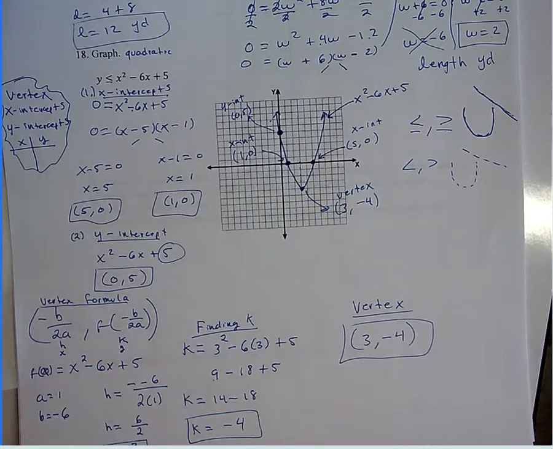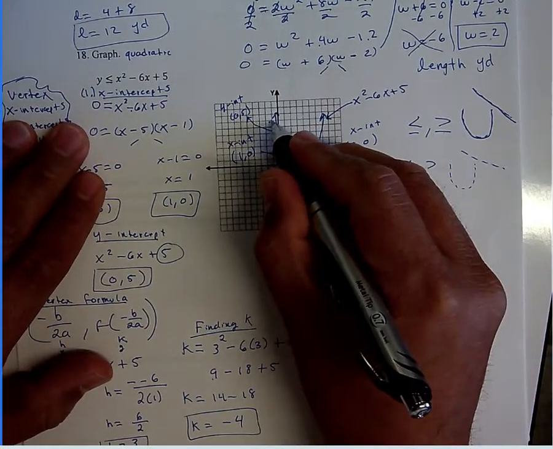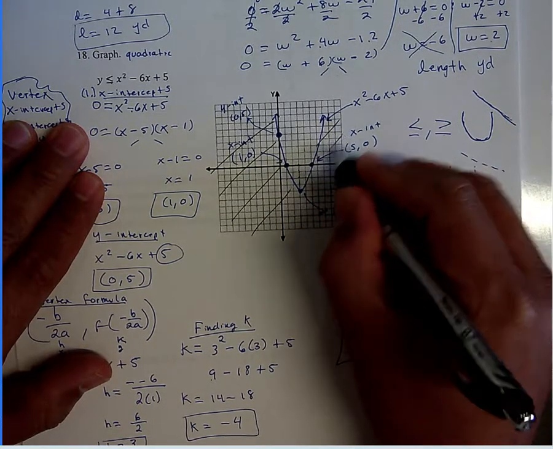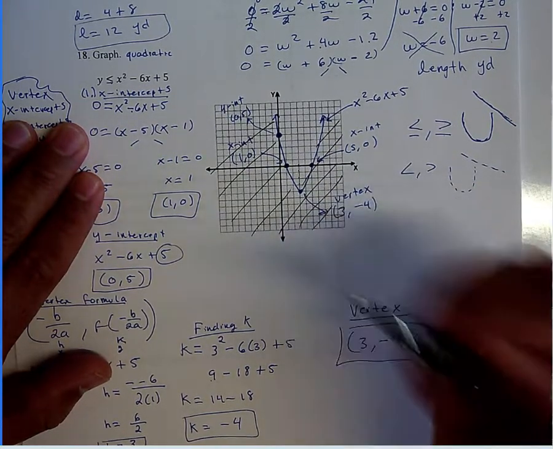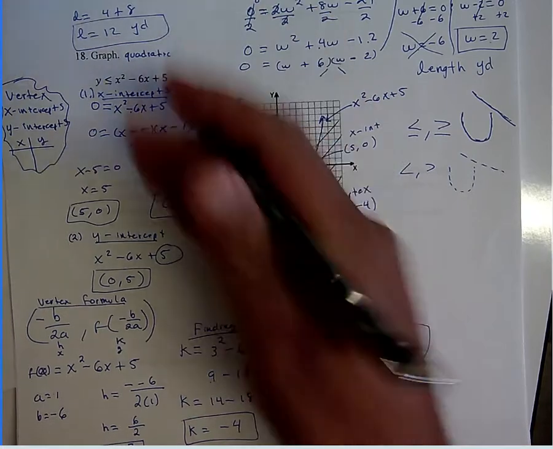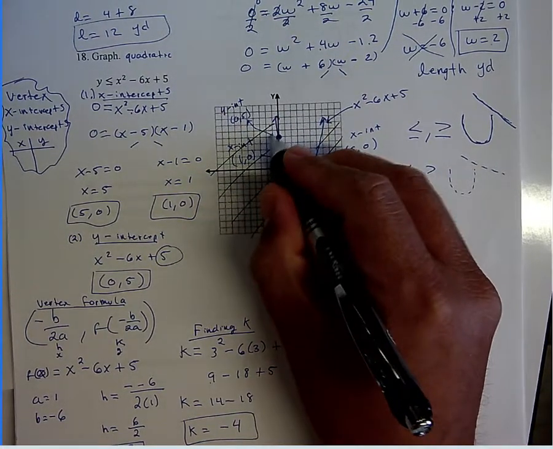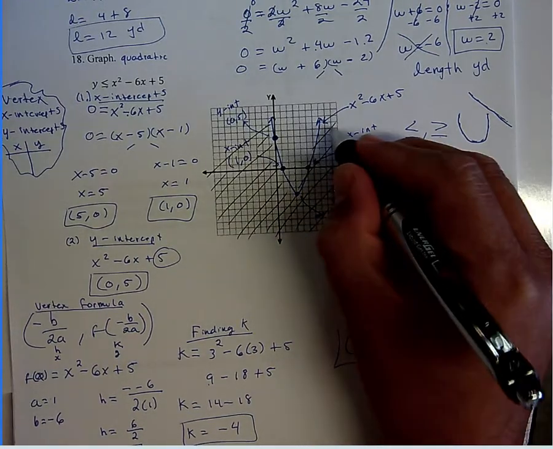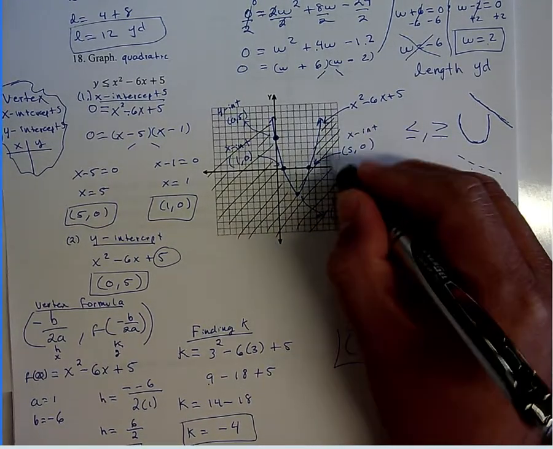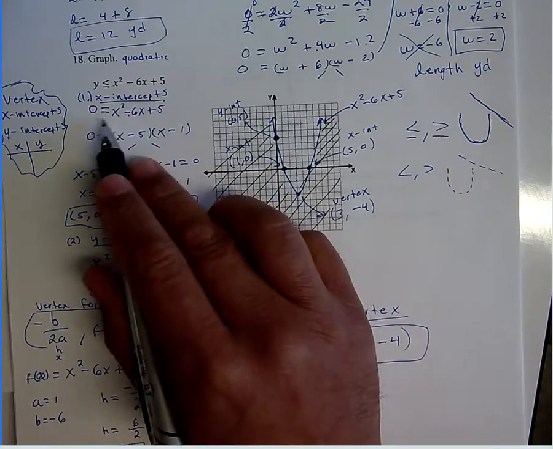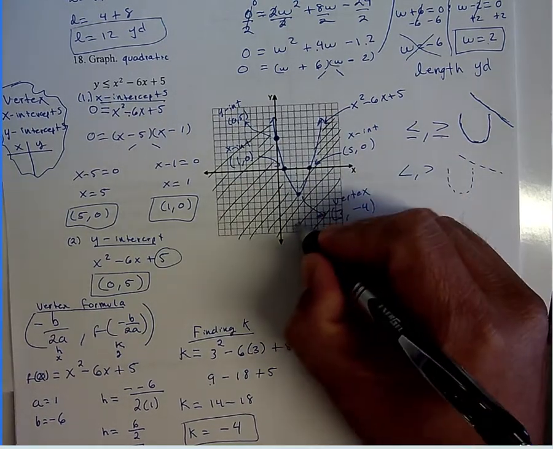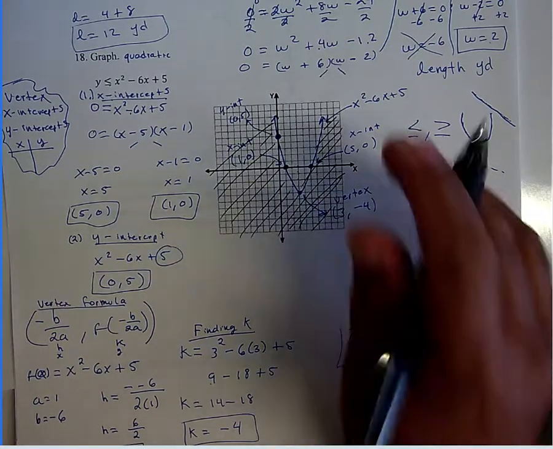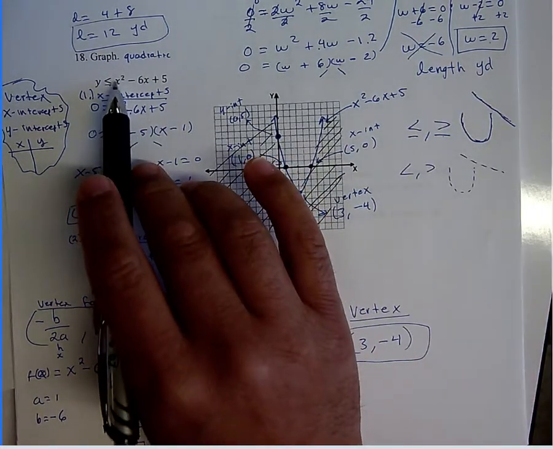So that would be the answer of this problem. Hopefully I don't block the numbers. Everything underneath. That's where the solutions exist, and the line included because of that equal sign. So any point on the line and below the line is a solution for that inequality.